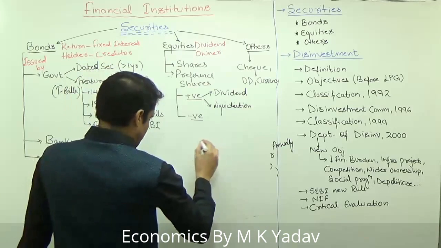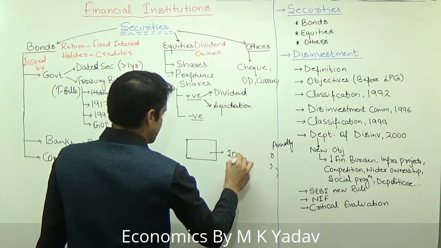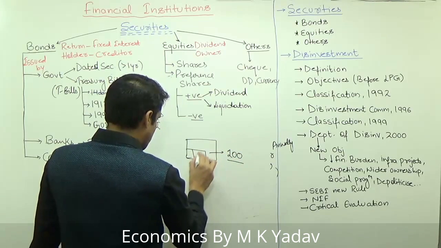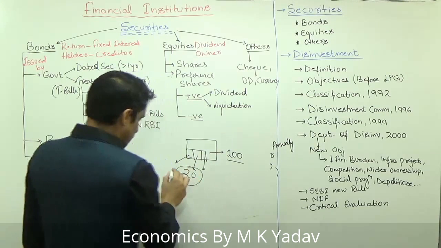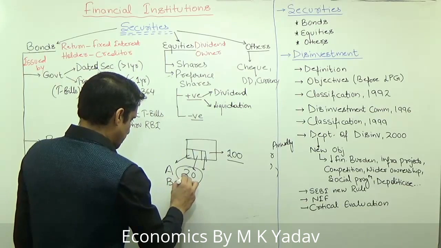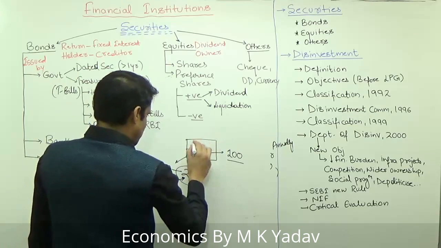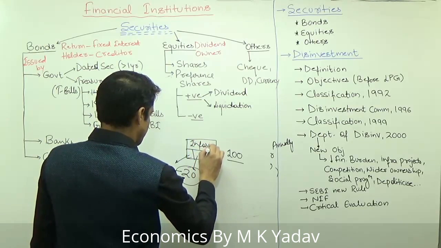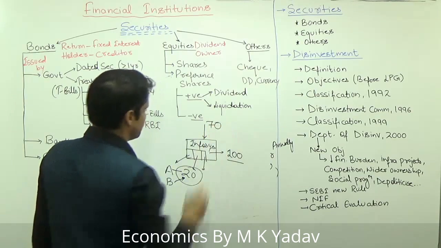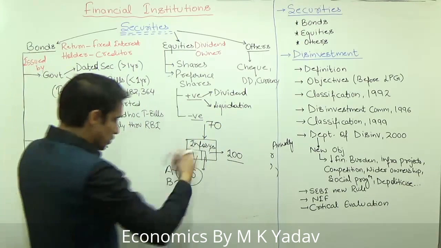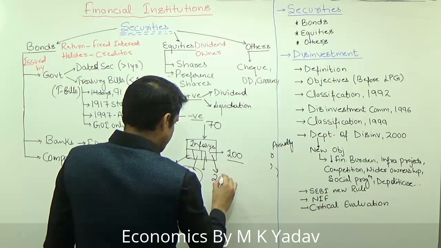It means what? Suppose this company is having the asset of 100 rupees and this company has diluted the shares of 20 rupees. So A and B are there, which have invested 20 rupees in the shares, and this company, for example Infosys, has taken a loan of 70 rupees and Infosys has also issued preference shares, this type of shares of 20 rupees.